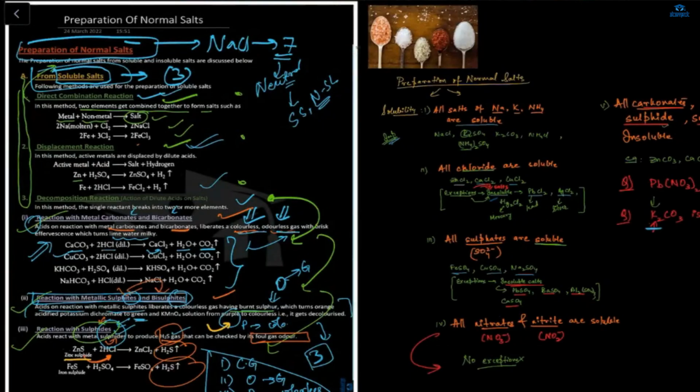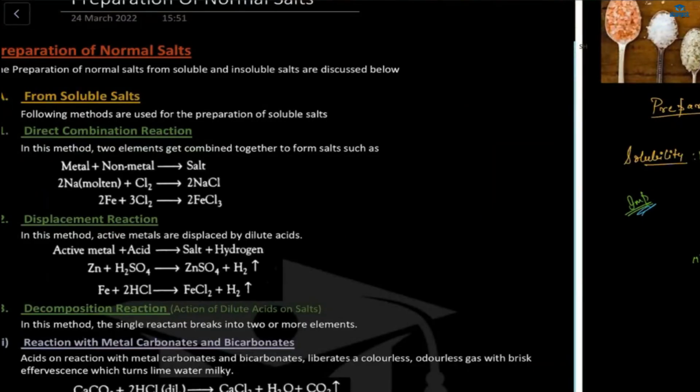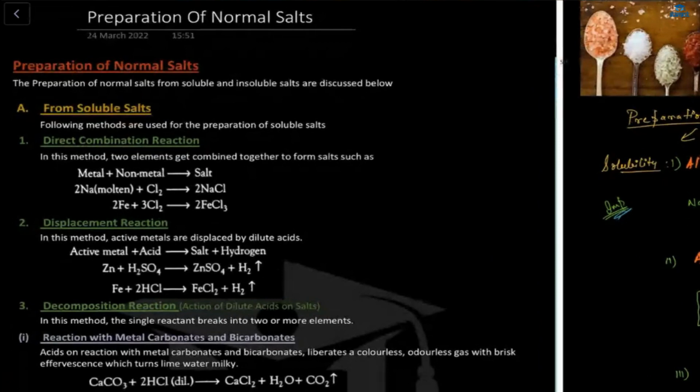Now, how to prepare? Okay, let me erase all these. In physics, how many chapters done, Shazan? Electricity has been completed and light is left to complete. And bio? Two chapters completed, control and coordination is still going on.